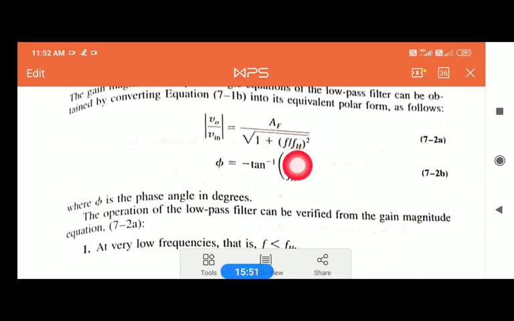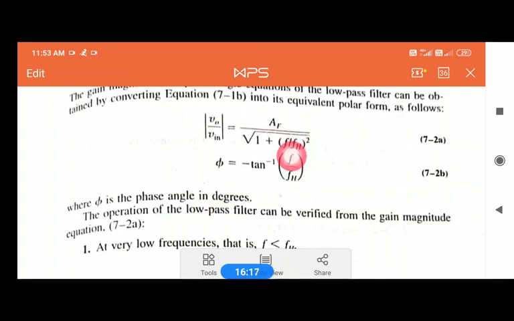For example, say f is 1 hertz and fH is 1 kilohertz, then 1 hertz by 1 kilohertz, the 1 gets cancelled, and it is 1 milli.